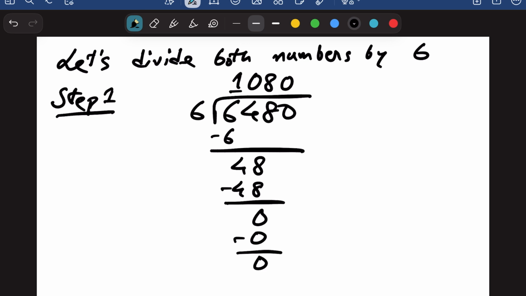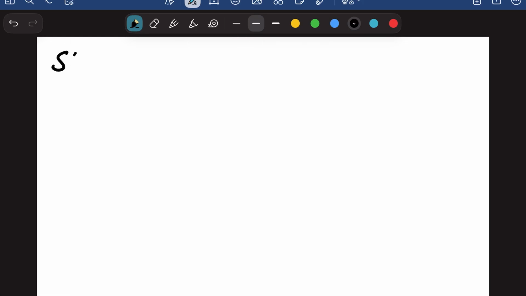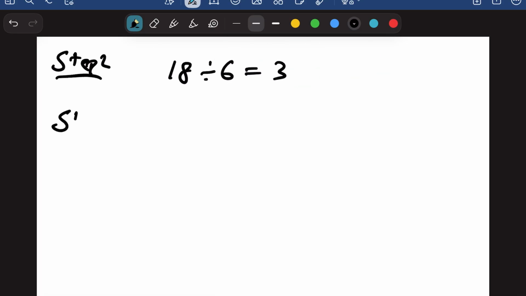Now this is the first number divided by 6. We have to divide the second number by 6 as well. So let's divide 18 by 6. So this is 3. So the new problem becomes 1080 divided by 3. Okay, because we divided both sides by 6.